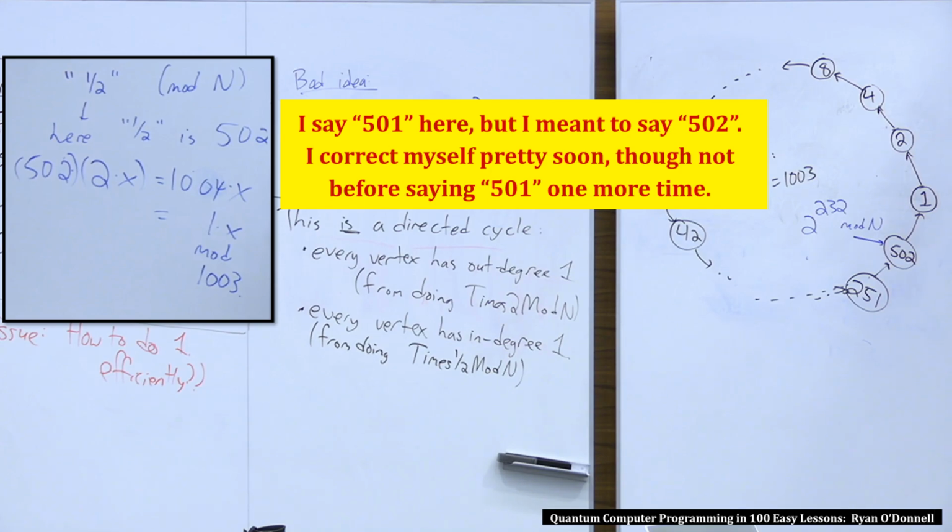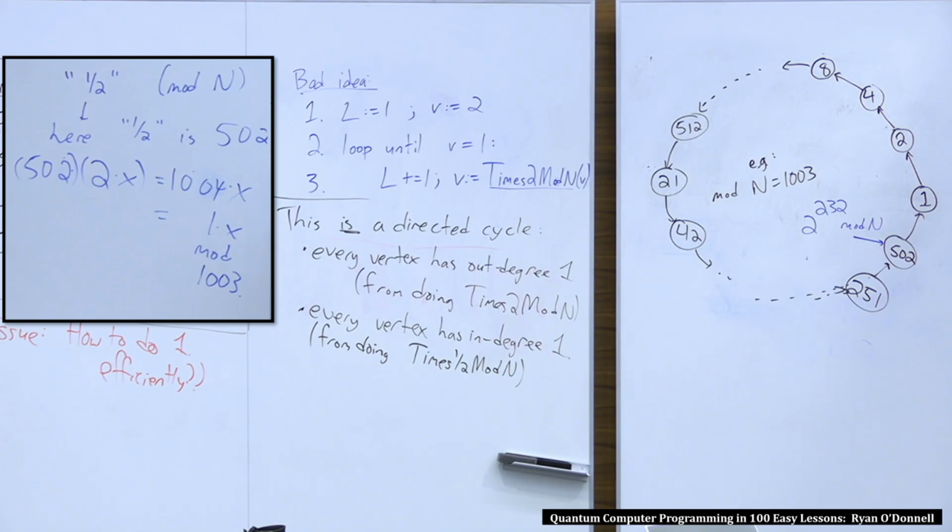Okay, because it means if you do 2 times x, and then you do 501 times that, 502, sorry, 502. You get 1004 times x, that's 1 times x mod 1003.